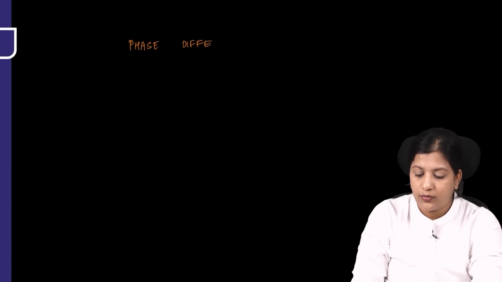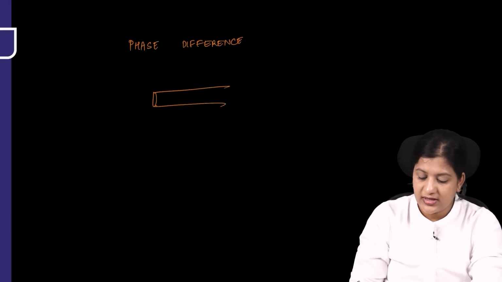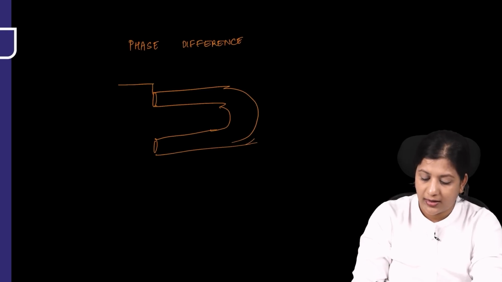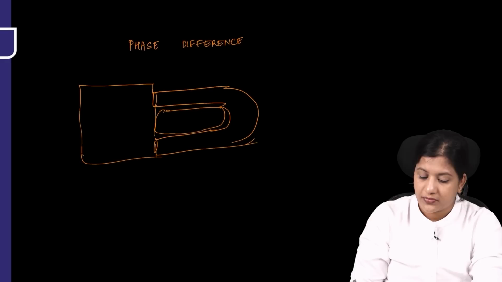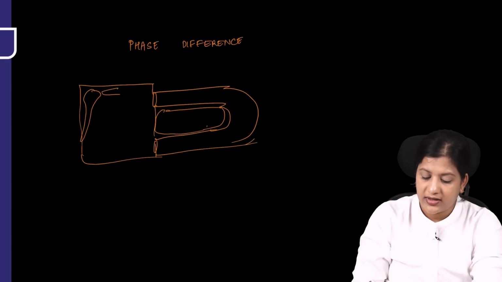We have learnt just now that sound travels from the scala vestibuli to the scala tympani. So quickly think and tell me, when a sound comes from the middle ear and hits the inner ear, which window is getting the sound impulse first?